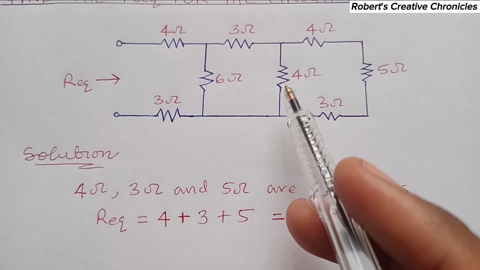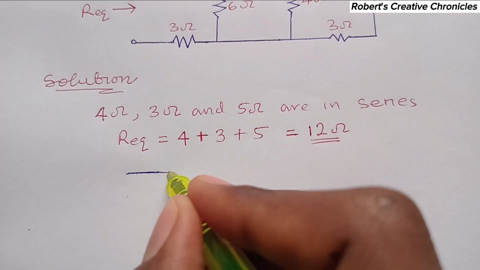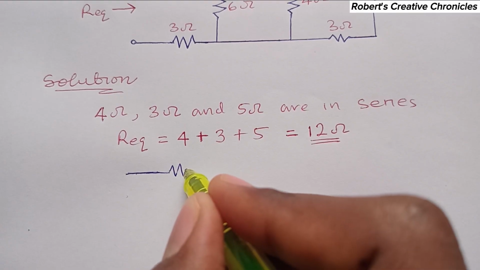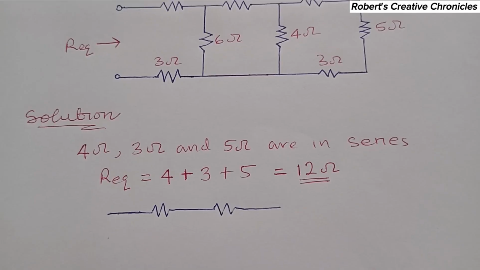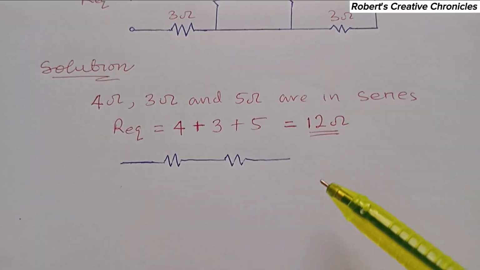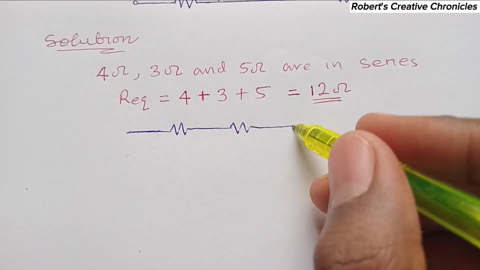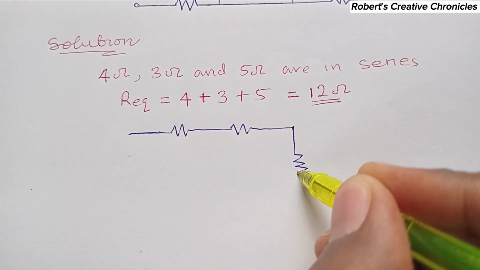So we will draw this circuit. So these 3 resistors, the equivalent resistance is 12 ohm. So it's now one resistor like this.